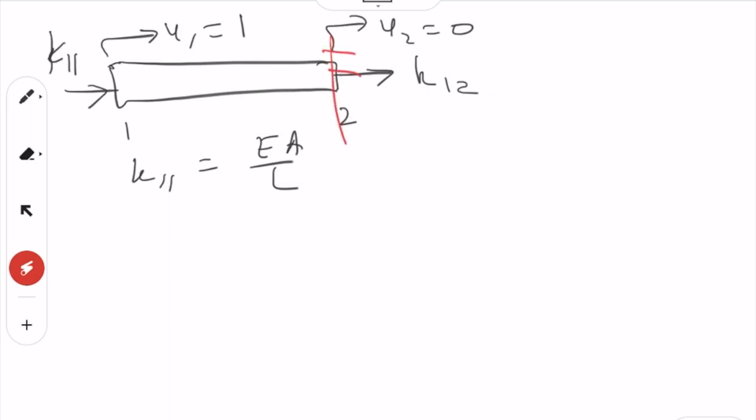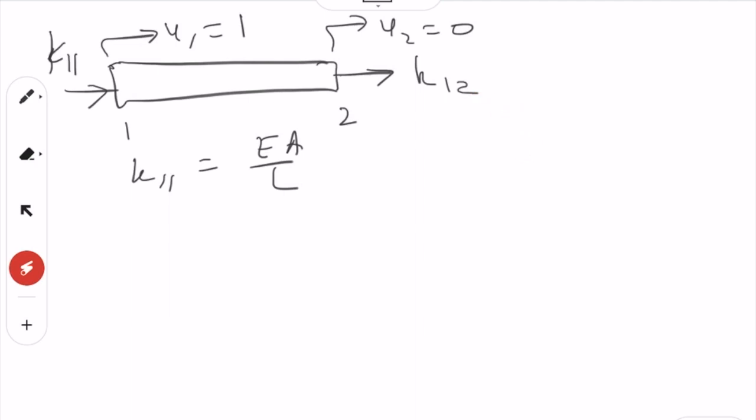This end is fixed. Hence, whatever the reaction force applied to this end will be K12. Means unit displacement at node 1 and measure the force at node 2.